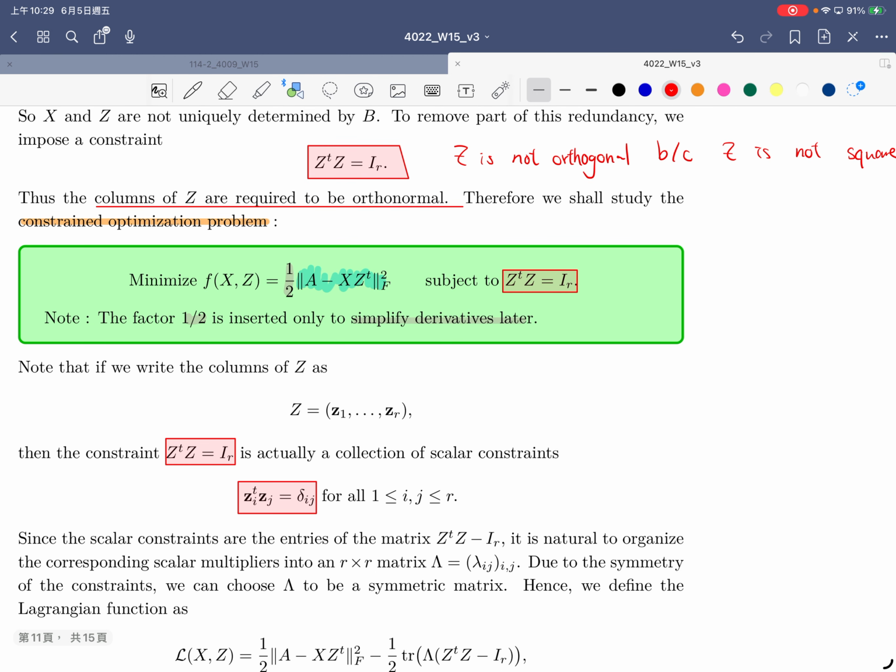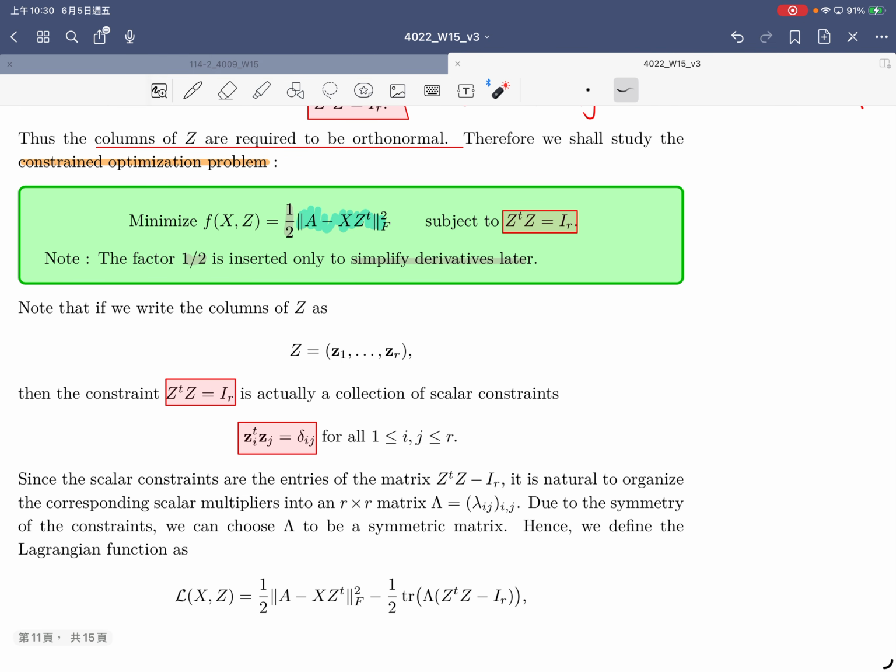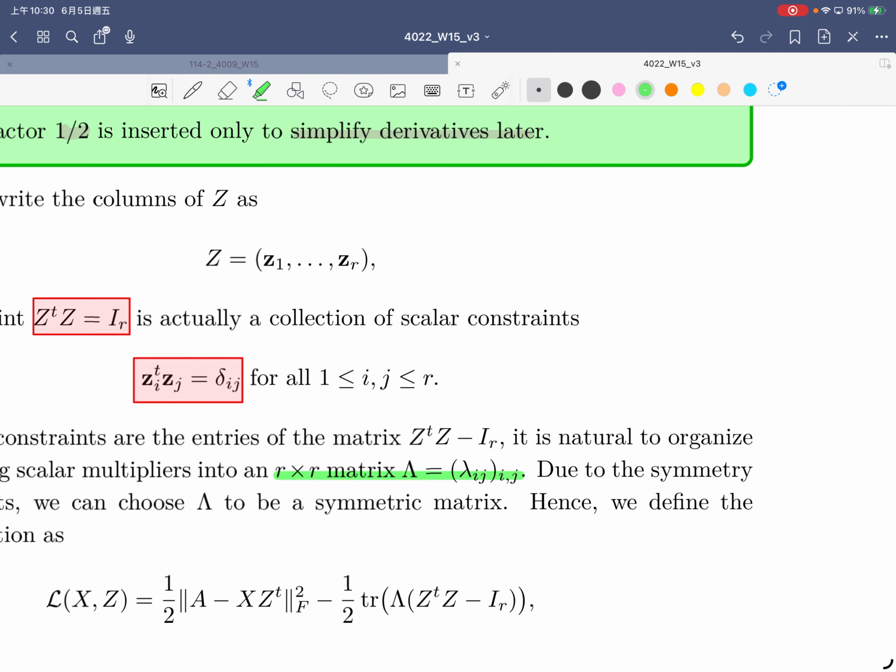The trick is that now we have many constraints, and in Calculus 3, you know that every time you have an additional constraint, you need to introduce an additional Lagrange multiplier. So in this case, you need R squared Lagrange multipliers because there are R squared constraints, although some of them are repeated, it's fine. But instead of introducing a bunch of Lagrange multipliers, let me introduce a matrix of Lagrange multipliers. I organize them as a square matrix because I have R squared constraints.